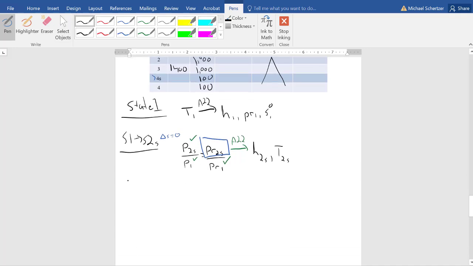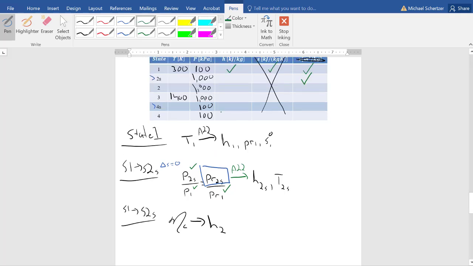Now, as I go to the real compressor, from s1 to s2s, I'm again going to use the compressor efficiency. I won't go through that again. It's going to be the same expressions, delta h over delta h, but now you're going to have h2s, and the only thing you're not going to have is h2. So from this equation, you're going to get h2.